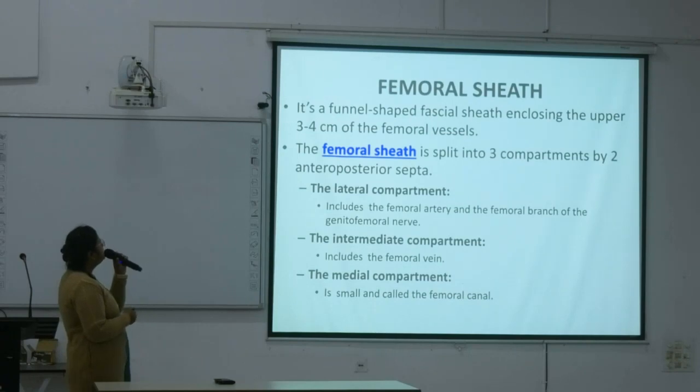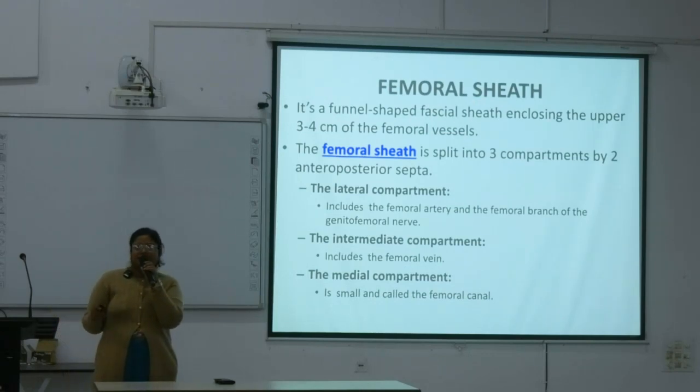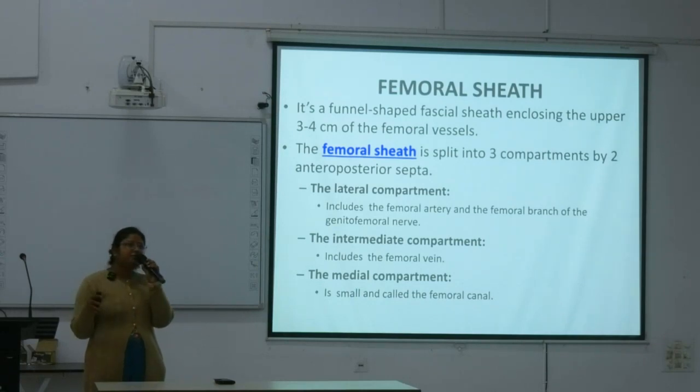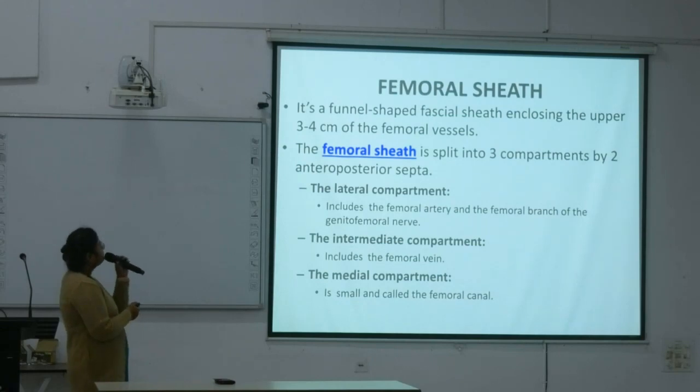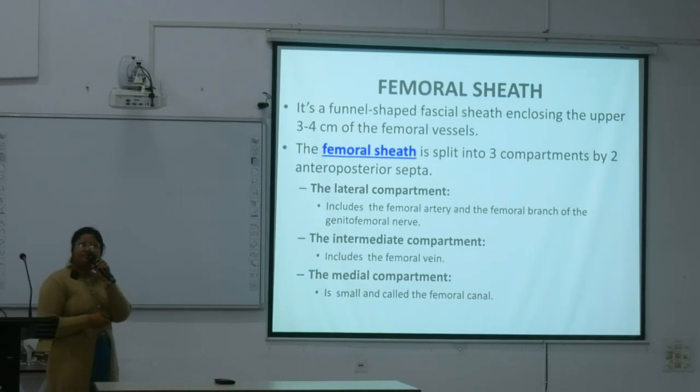Femoral sheath comes as a long question. Describe the femoral sheath, its contents, different compartments, all this. It is a funnel shaped fascial sheath enclosing the upper 3 to 4 cm of the femoral vessels. The femoral sheath is split into 3 compartments by 2 anteroposterior septa.